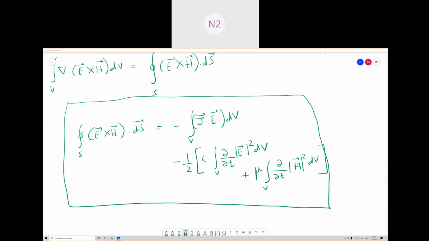Volts. Millivolts? Electric field. Volt per coulomb? No. What is the unit of electric field?